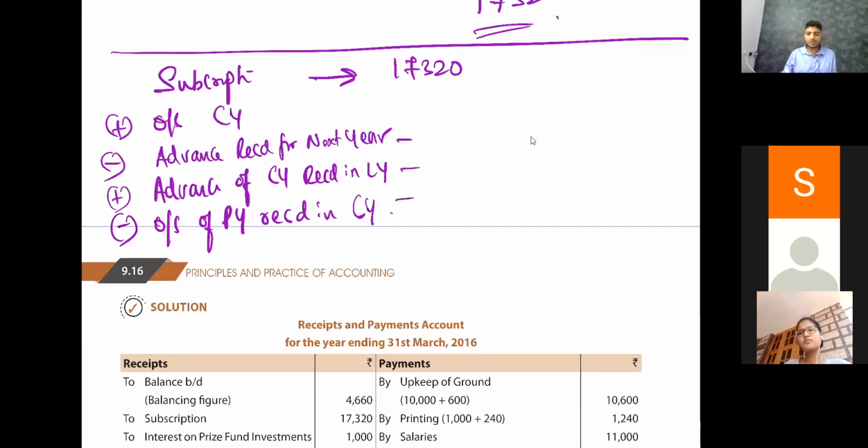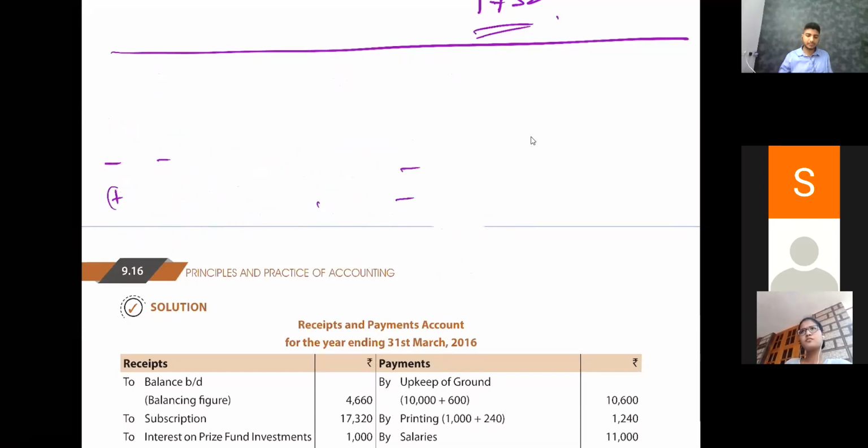With add and less also you will get the same amount. If you are comfortable with this, do this. If you are comfortable with the chart, do the chart. Okay. Then you have to prepare the accounts.